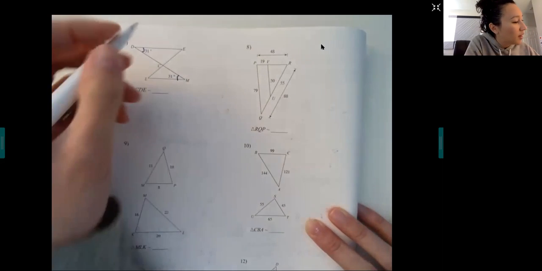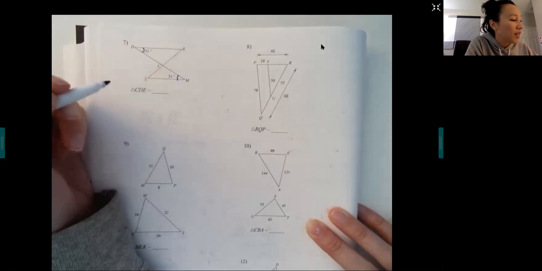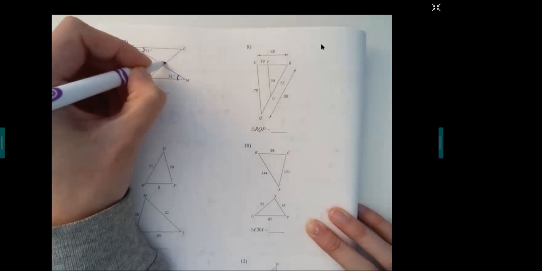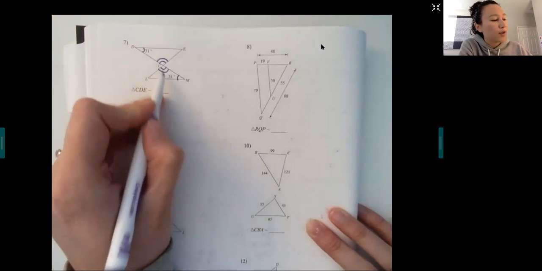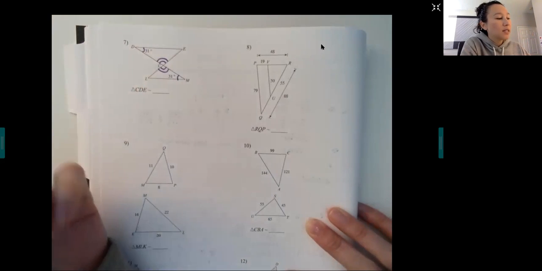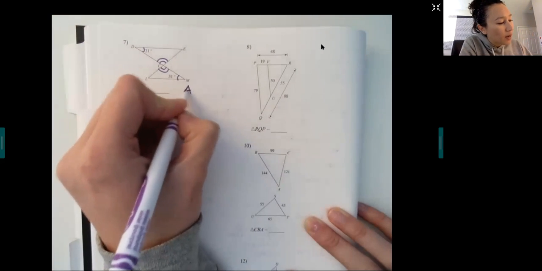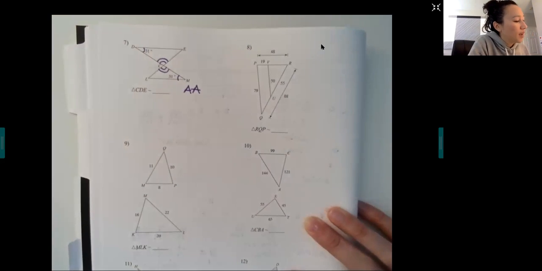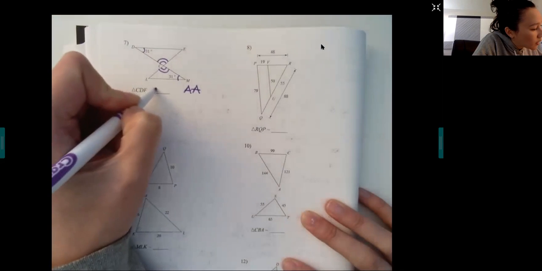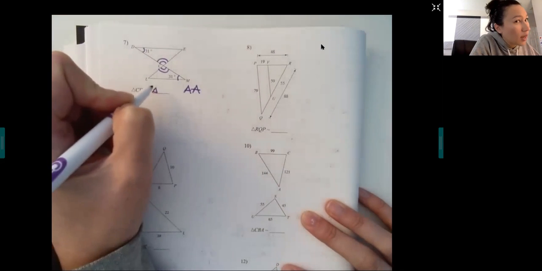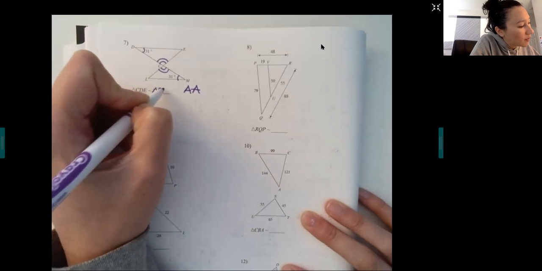If you remember, they're having you remember things that you've already learned. So this angle is congruent to this angle because they're vertical angles. So since we have 2 angles, we know that yes, these are similar because of the angle theorem. So triangle CDE is similar to triangle CML.